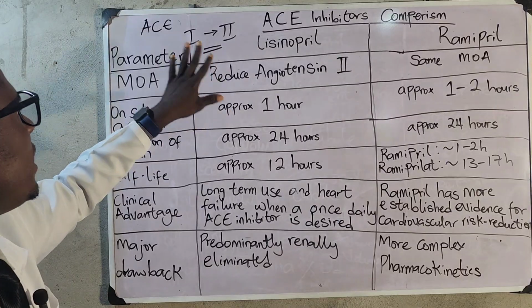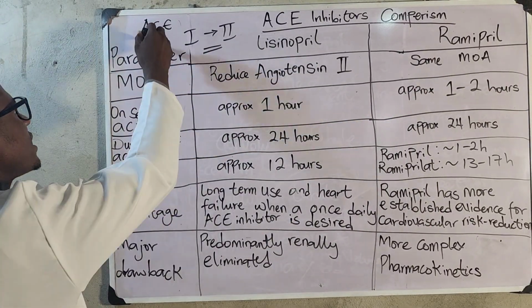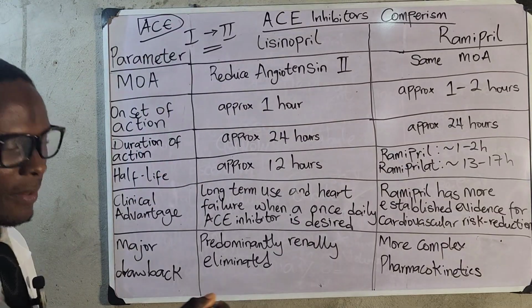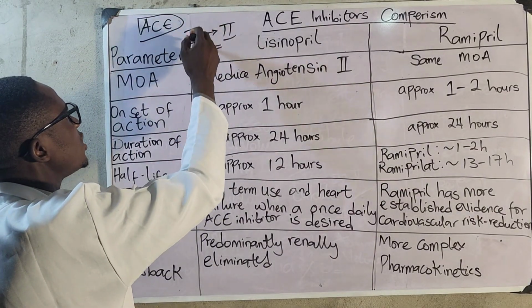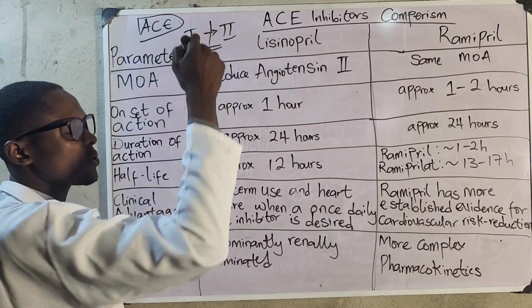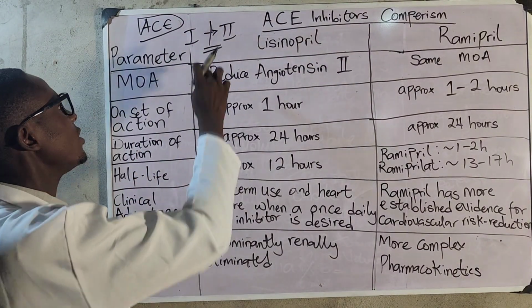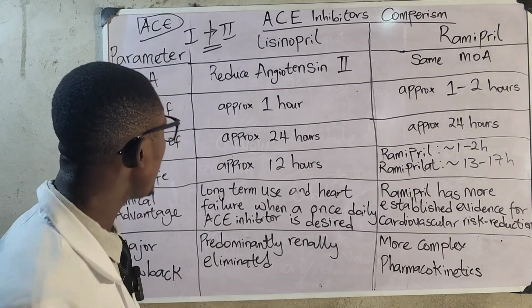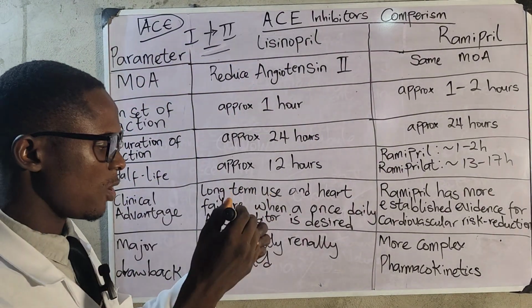So when these drugs like lisinopril and ramipril inhibit angiotensin converting enzyme, automatically the formation of angiotensin 2 from angiotensin 1 will not take place. And when this happens, since there is no vasoconstrictor, there will be vasodilation, that means the enlargement of the vessels.